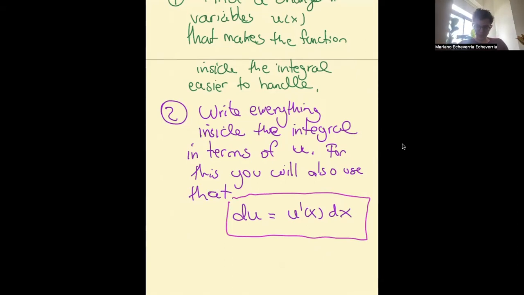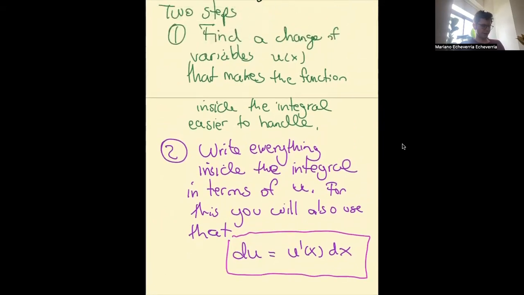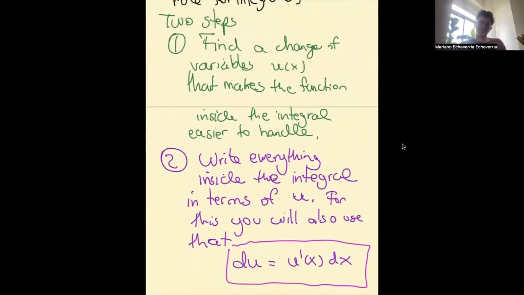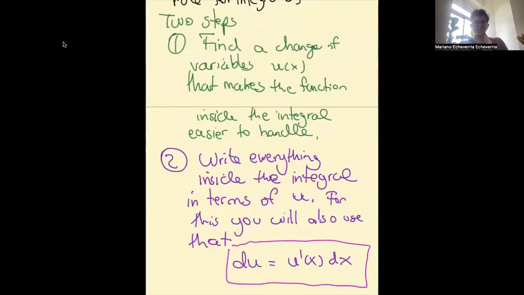So where does this formula come from? It is what you would get if you divide by dx: you would get that du/dx is u prime of x, which we know to be true because u prime is just another name for the derivative. So it is the same formula as the expression for the derivative, just written in a slightly different way. But that's essentially what you need to use for these u substitutions.